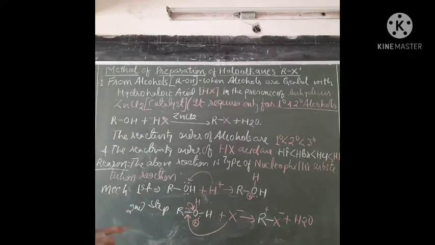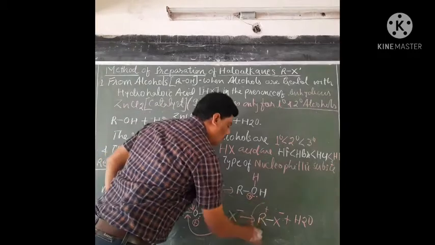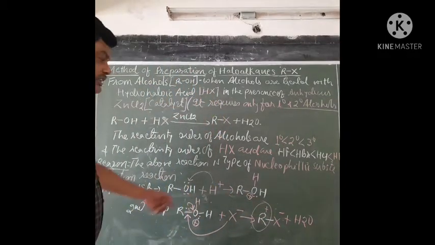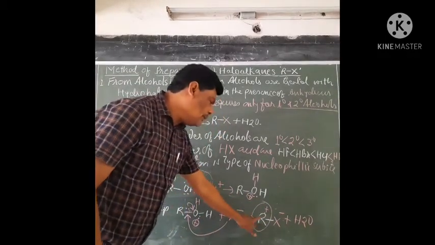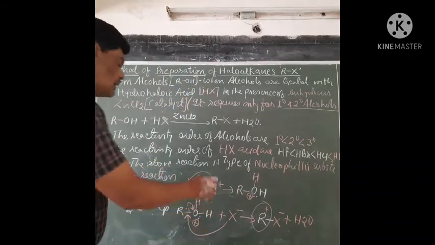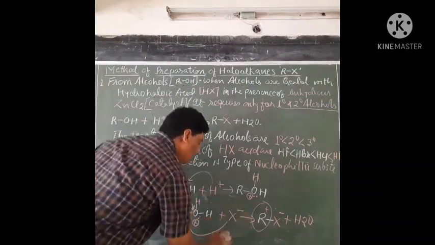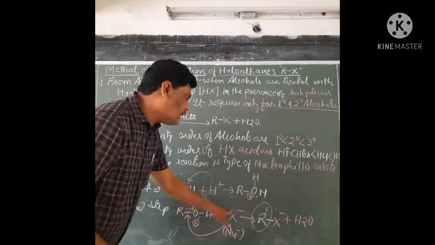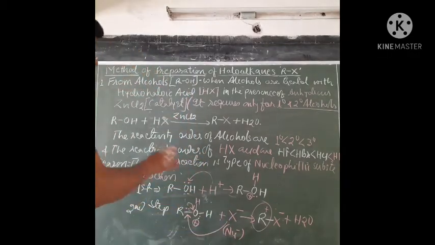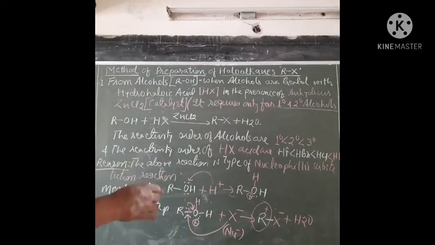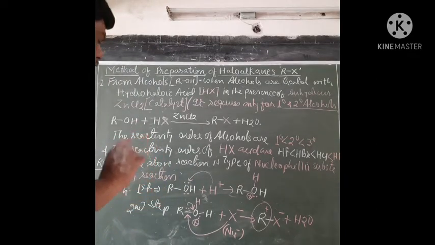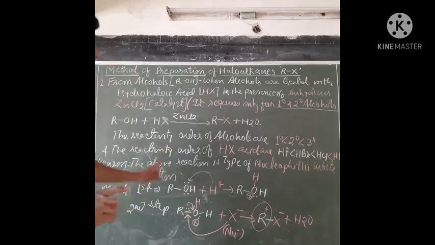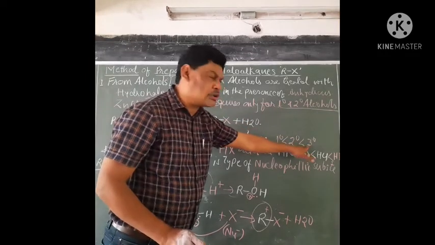As you can see, a carbocation forms, which can be called an electrophile. The nucleophile, the X anion, can easily attack this electrophile. Therefore, the reaction is a nucleophilic substitution reaction. Now, student, why is tertiary alcohol most reactive?